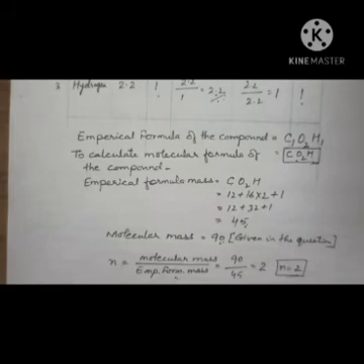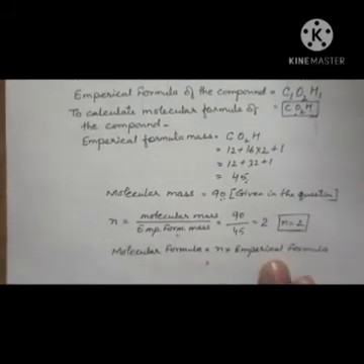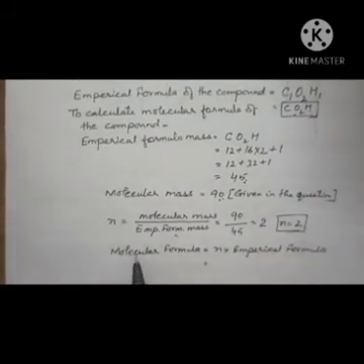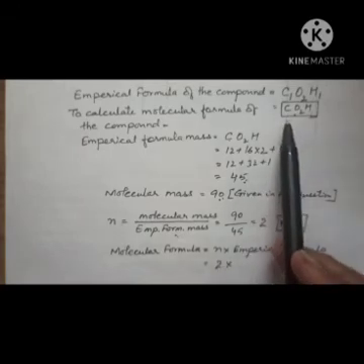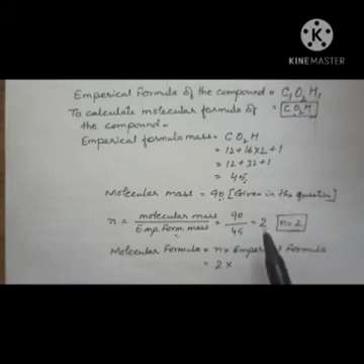Now you know n. Then you find the molecular formula. The molecular formula is equal to n into the empirical formula. n is 2, and the empirical formula is CO2H. So the molecular formula is 2 into C, C2; O, 2 twos are 4, so O is 4 and H is 2.